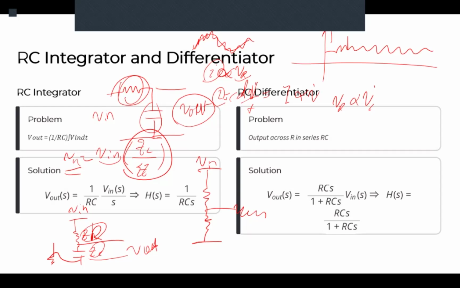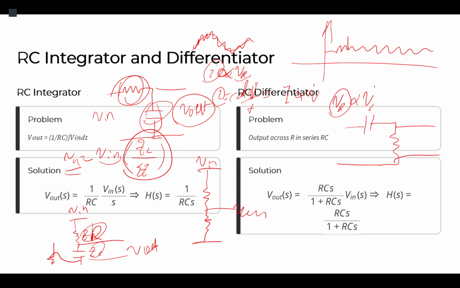So if you connect the input to the capacitor and you take the output across the resistor, your voltage is going to be the differential of the input. Does that make sense? Are we good on that?